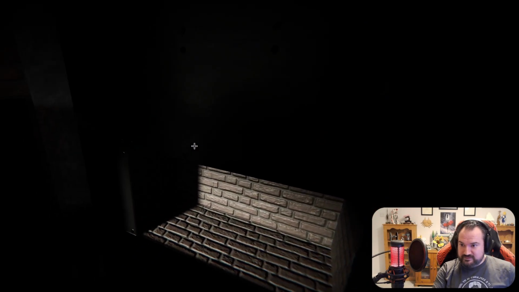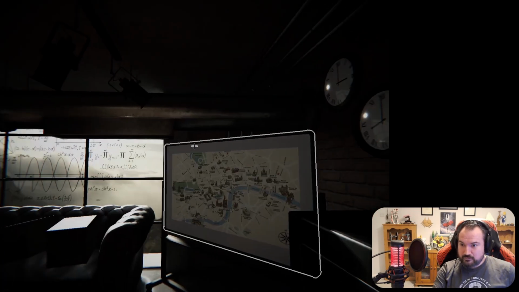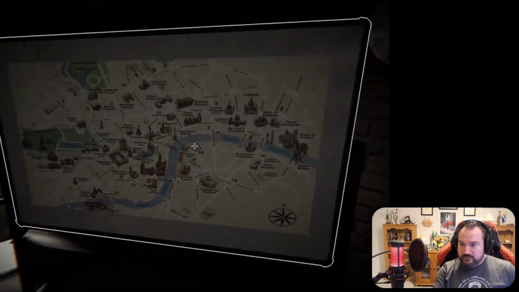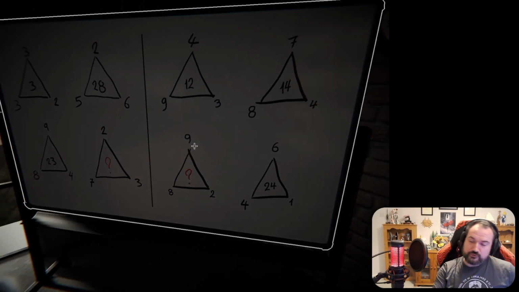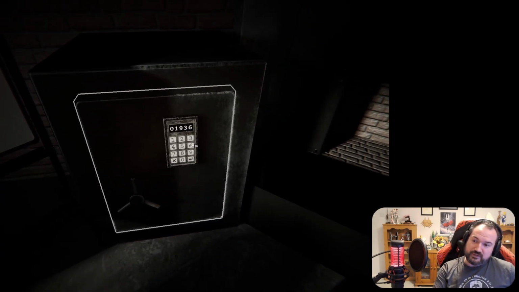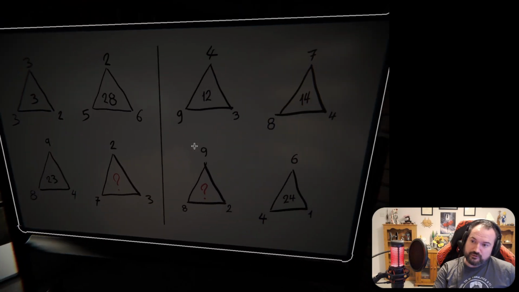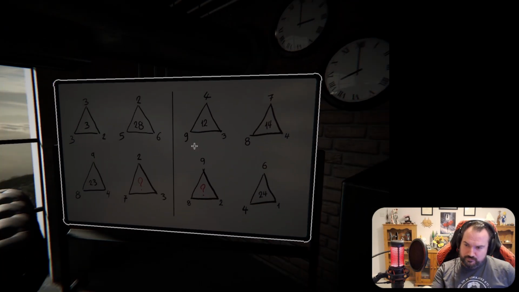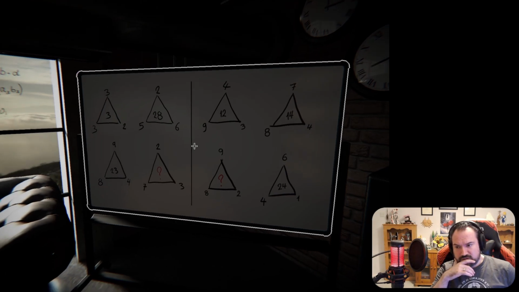And this fireplace is like well sus. And we have a 4-digit code that appears not to work. But I'm pretty convinced 1936 is the solution.